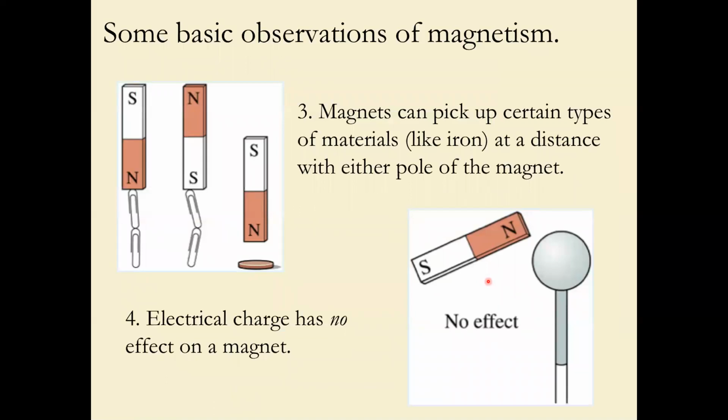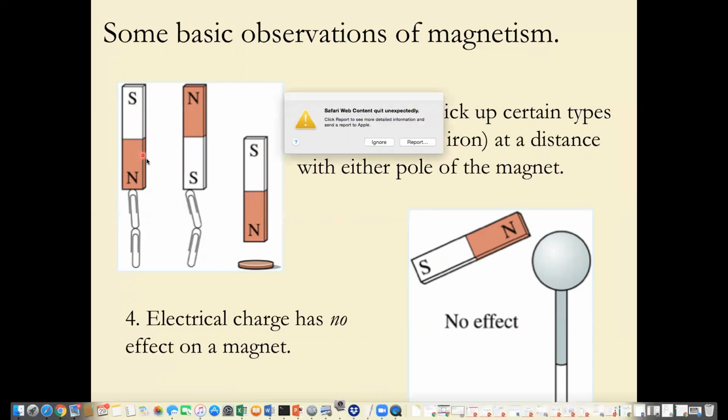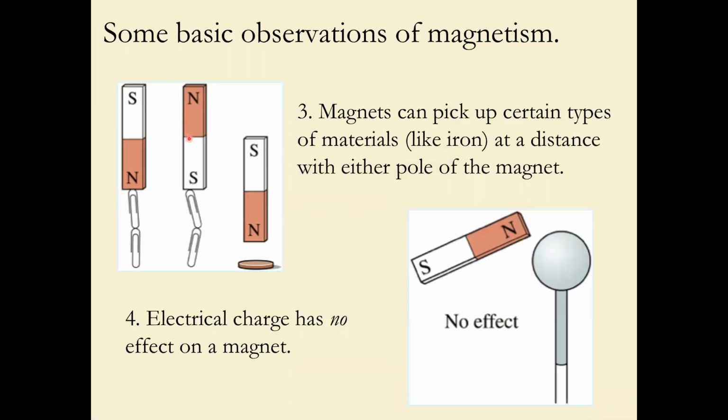And when you bring magnets close to some materials, they can pick up certain types of materials, not all of them, such as iron. If you bring a magnet towards iron, you will see that either pole, doesn't matter north or south, both of them will attract the iron.